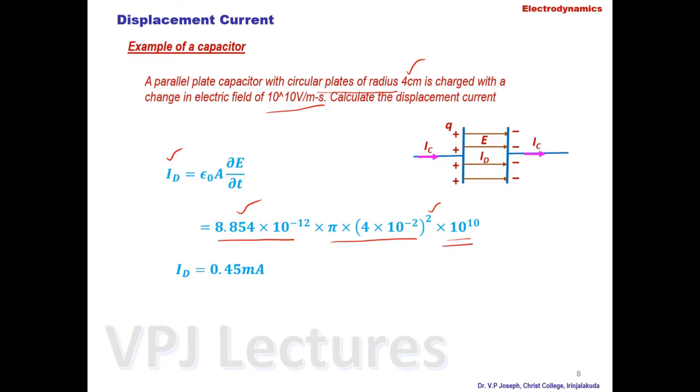Dou E by dou t is 10 power 10, that is the rate of change of electric field in volt per meter second. And when we substitute, we get it as 0.45 milliampere. So it is a very simple method for evaluating the displacement current of a parallel plate capacitor.